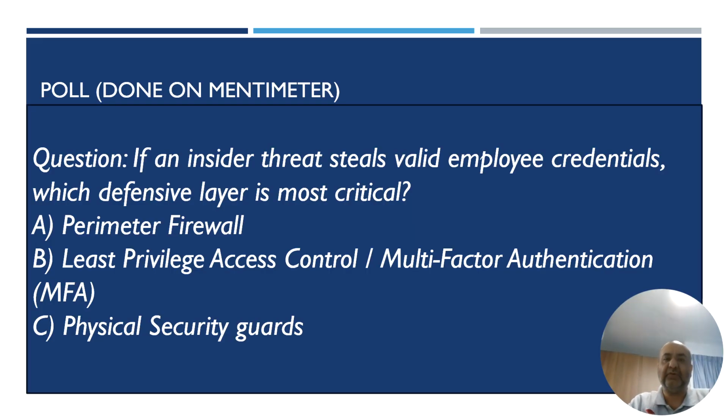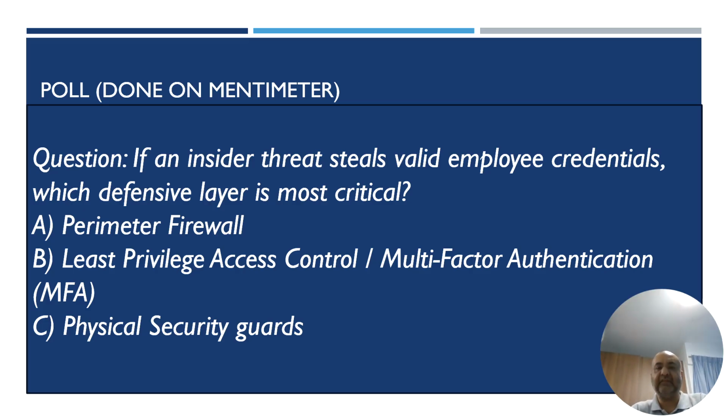Now, for our kinesthetic learners, we want to give a poll to question and let them think about this. For example, if an insider wants to steal valid employee credentials, which defensive layer is most critical? I give you a few minutes. You can take the QR code, go to Mentimeter, and submit your answer.